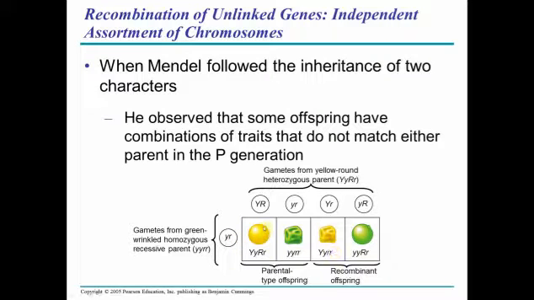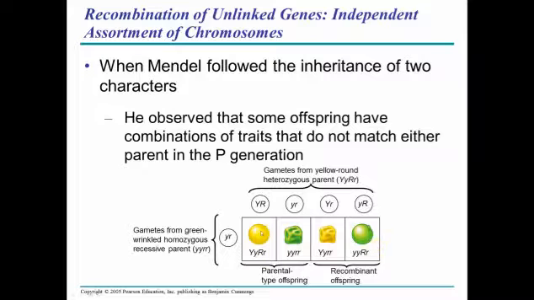But if we apply linkage to Mendelian genetics with peas, and we look at color and round versus wrinkled, if we have a heterozygous parent, big Y, big R, little r, and we do a test cross with little y, little r, to form these gametes, these are all the potential offspring.